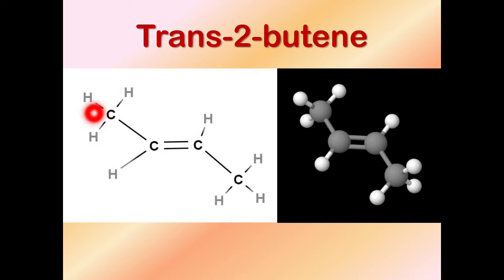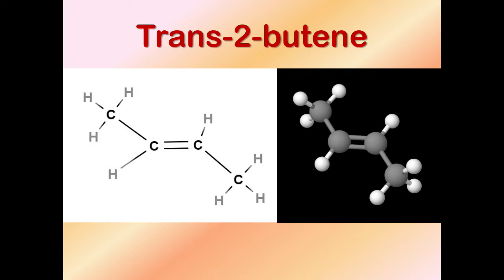In this example you can see that the methyl groups are in opposite directions to each other. In terms of the reference plane, one methyl group is above the reference plane and the other methyl group is below the reference plane. And this is why, when two similar groups are on opposite sides, they are called trans to each other, and this is called trans-2-butene.